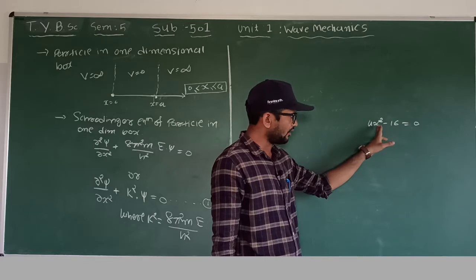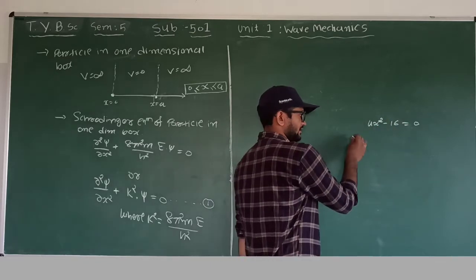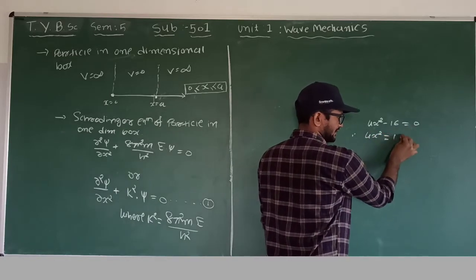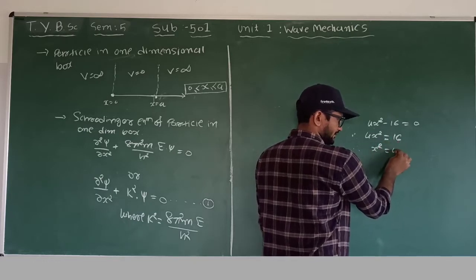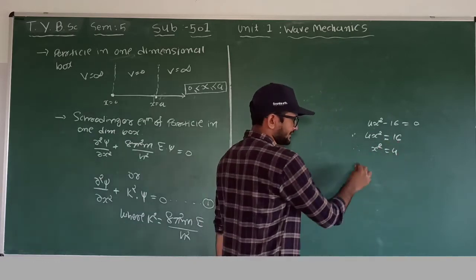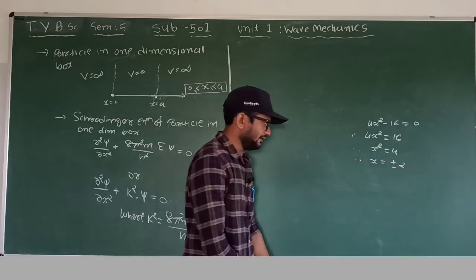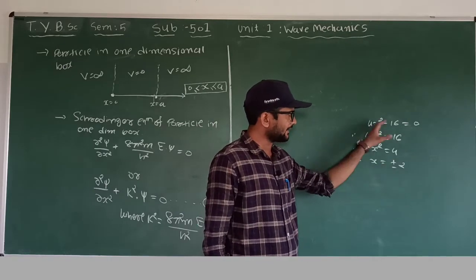Therefore 4x square is equal to 16, x square is equal to 16 by 4, which is 4. Therefore the value of x is equal to plus or minus 2.